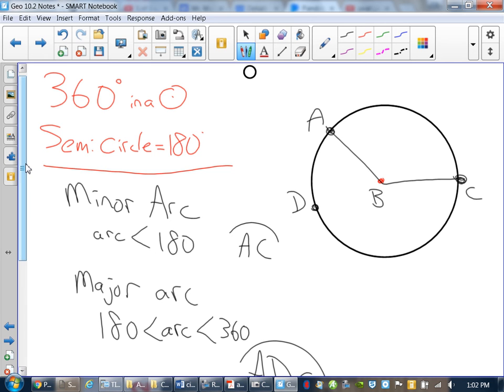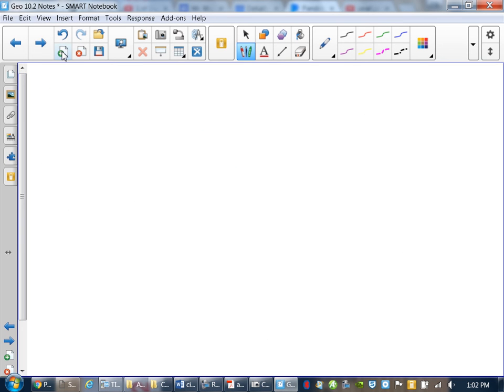So the reason that we're talking about these things that are called central angles and their arcs is because their measurements equal each other. Okay. What happens then is that we get the measure of a central angle equals the measure of the arc that it hits.